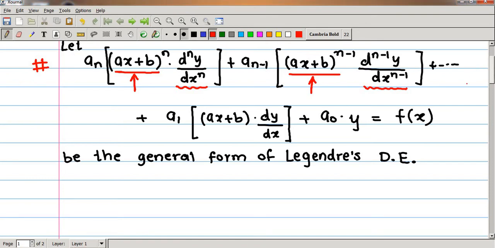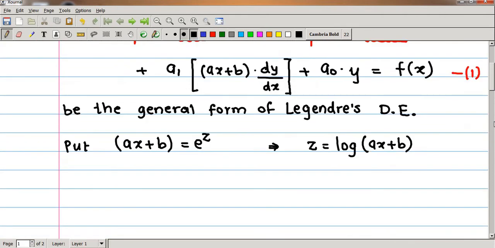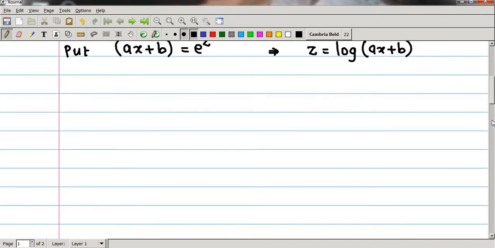And to solve Legendre's differential equation, we convert this variable coefficient form into constant coefficient form by using a substitution. Here we substitute the variable coefficient, that is ax plus b, equal to e raised to z. That is, the value of z is equal to log of ax plus b, just like the Cauchy's or Euler's differential equation.